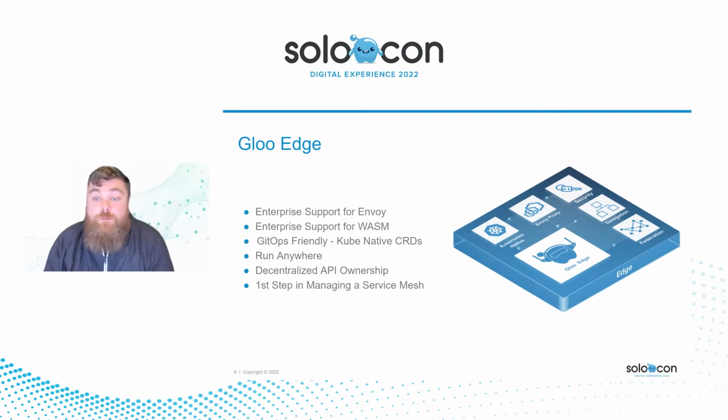We also support a decentralized API ownership concept. Gloo Edge supports a delegation model that allows service teams to own certain aspects of the configuration while allowing a centralized API team to own some of the security and operation aspects.